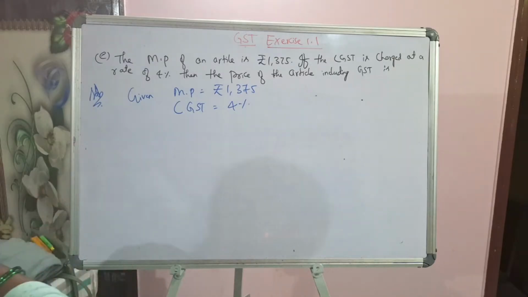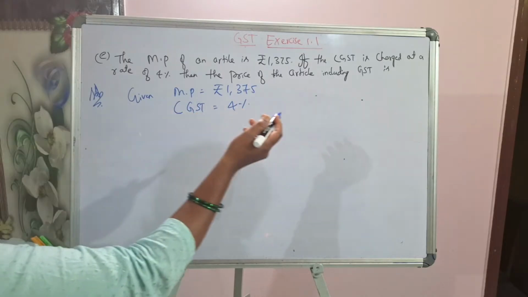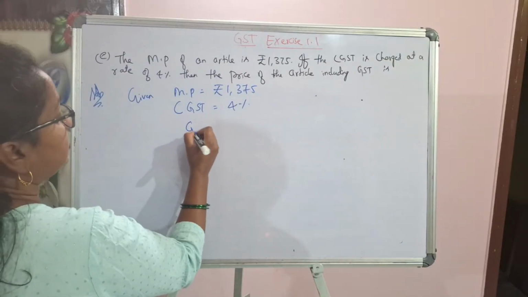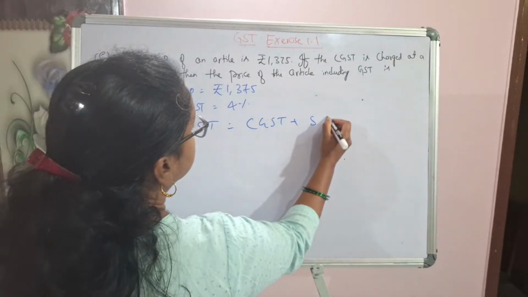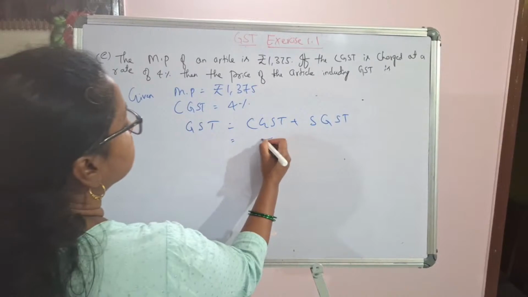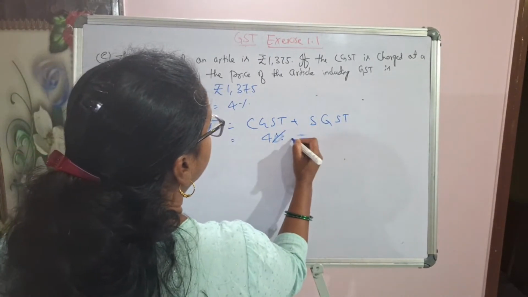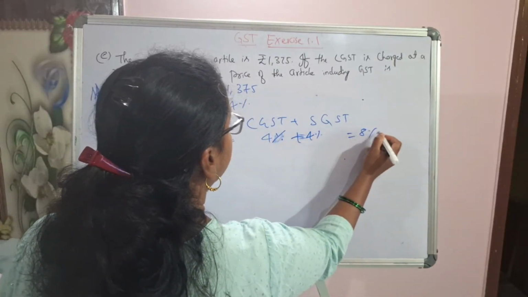See, we already know that in case of intrastate transactions, the percentage of CGST and SGST both are same. That is, GST is equal to CGST plus SGST. They have given that CGST is 4%, then SGST is also 4%, then GST is 8%.